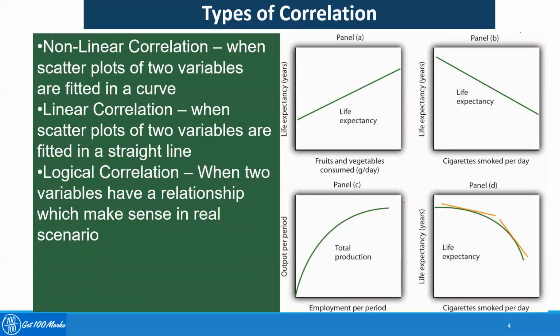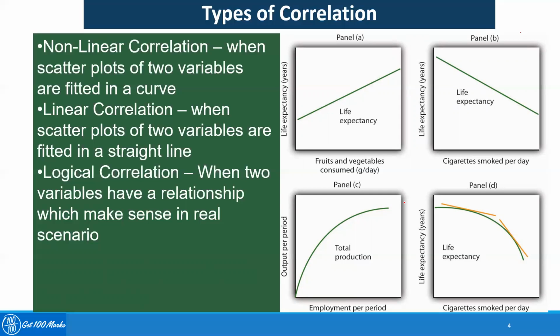Mathematically we can find a very good relationship, depending on the data. But many times, because of the nature of the data, we can find a high value of correlation coefficient which depicts that there is a relationship, but in real sense, they make no sense. That's called spurious correlation. And if in real sense they make sense, that's called logical correlation.